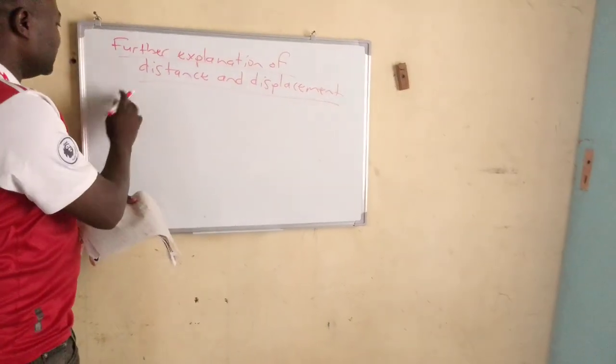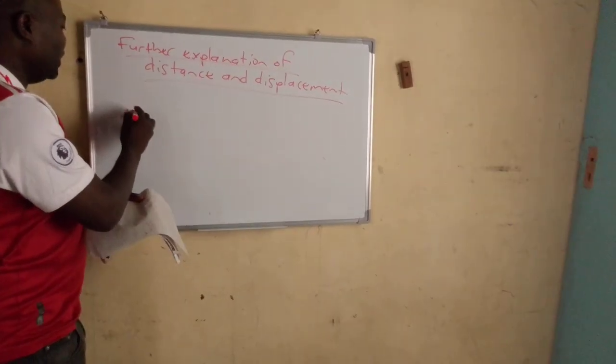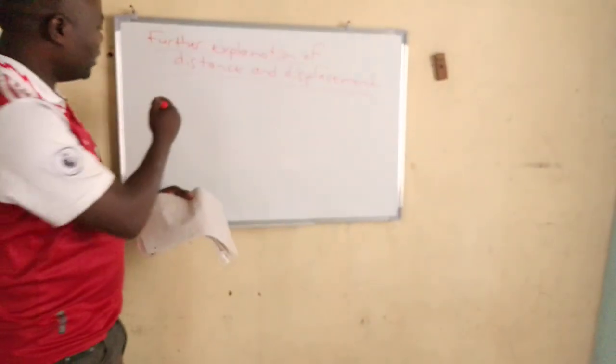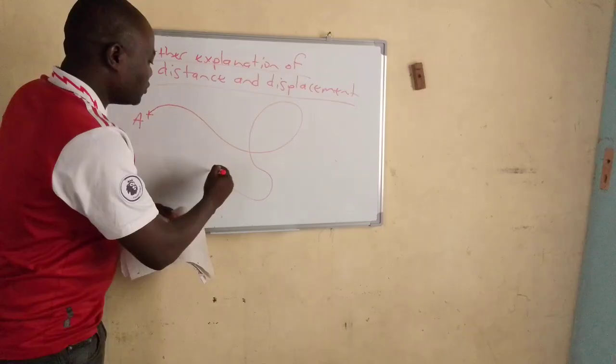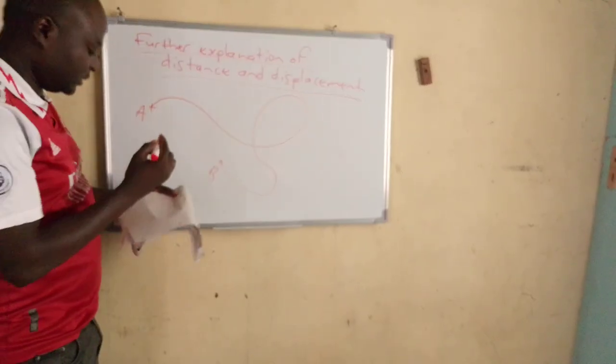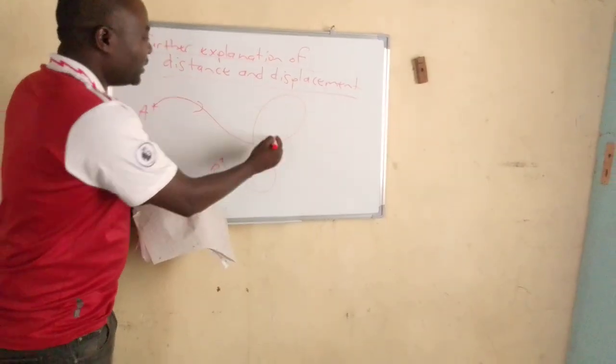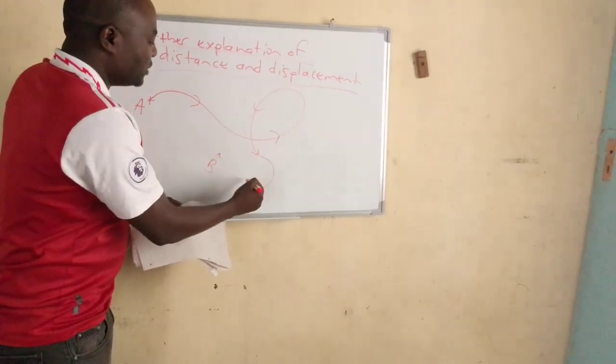Suppose an object moves from point A, this is the starting point A, and it follows this curved path length like this, and it goes to point B, right? So this is the curved path length. Can you see?